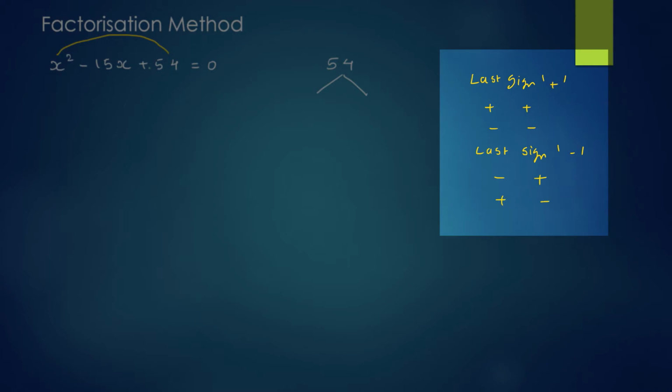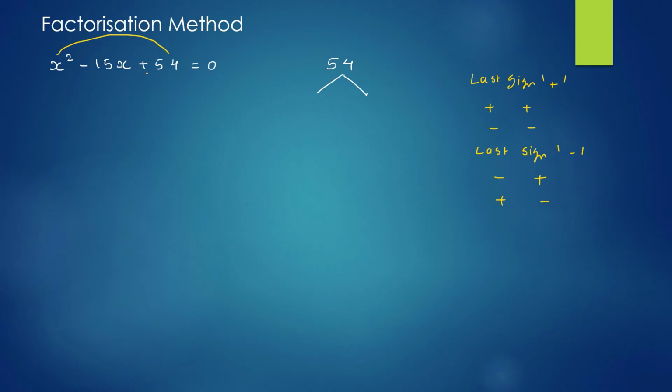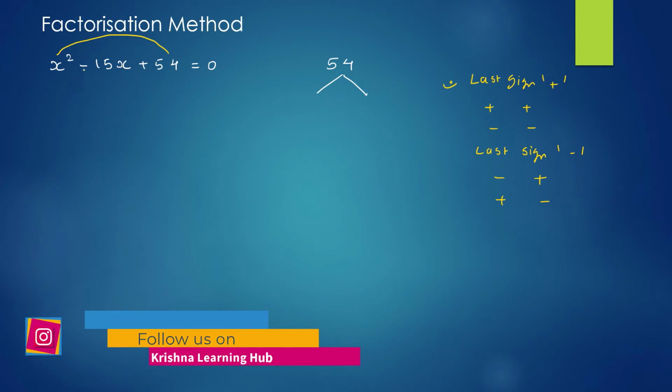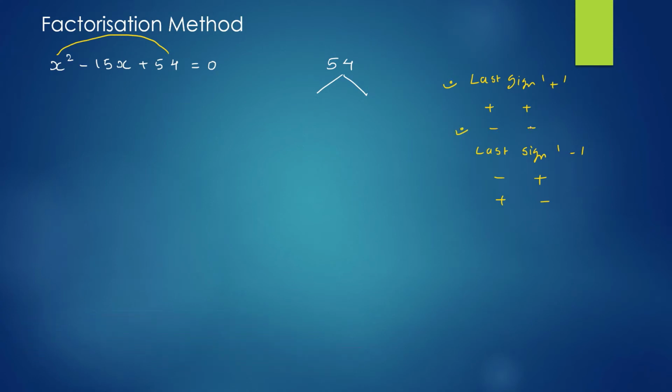Now here in this sum, the last sign is plus, so we will see in this step. Now what is the first sign? It is the middle sign between x square and 15x. It's a minus, so we have to use minus and minus. Now we have to see the variation: the multiplication has to be 54 and the addition of these two numbers should be 15.